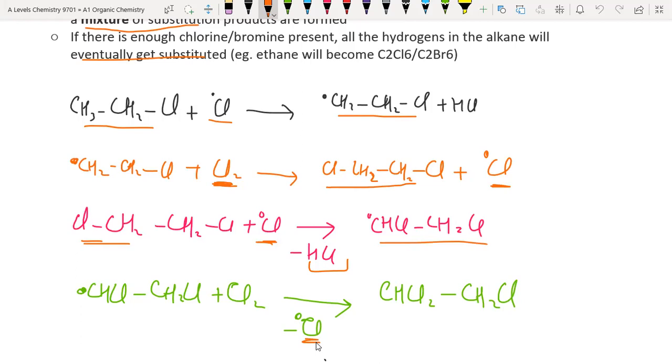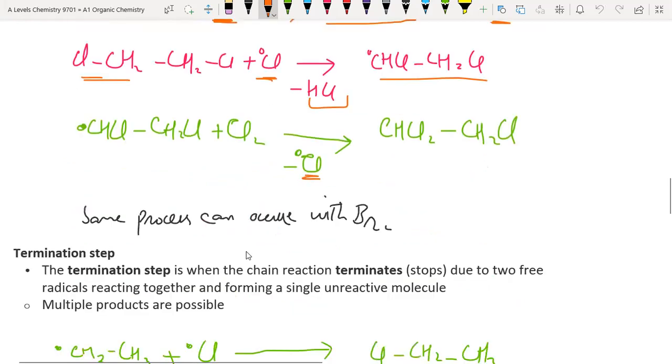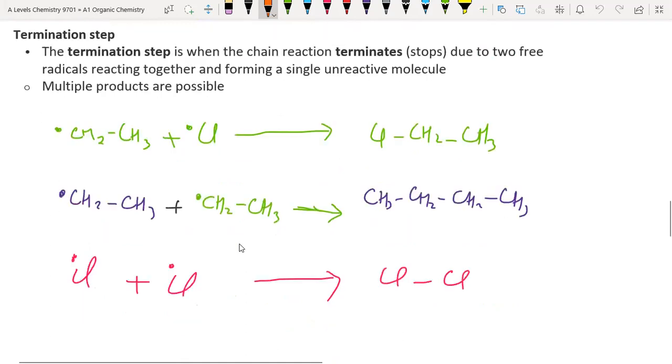When a molecule and a radical combine, a new radical is formed. When two radicals combine, it will stop the reaction and the termination step starts. The chain reaction terminates due to two free radicals reacting together and forming a single unreactive molecule, as a result of which a stable unreactive molecule is formed.